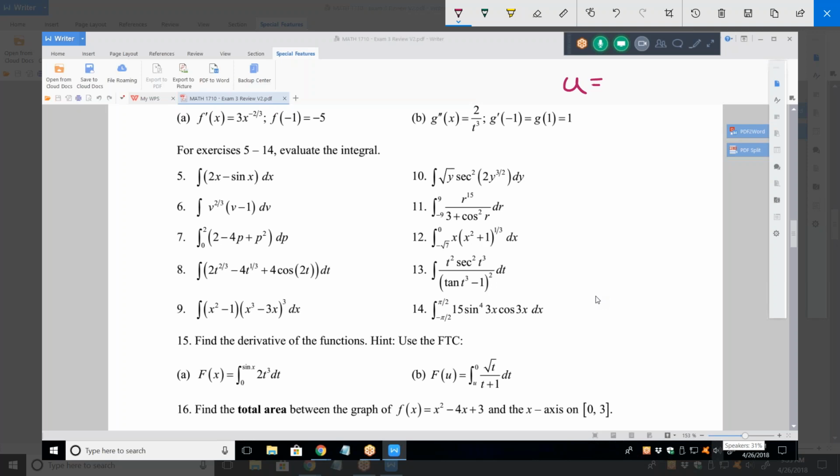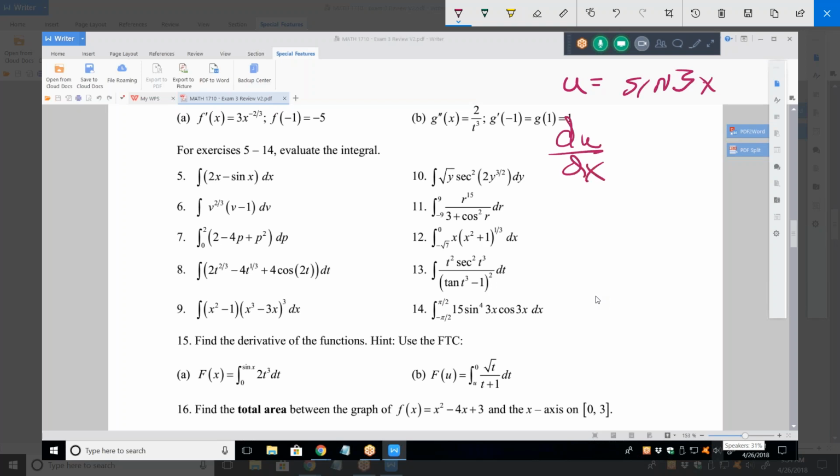So u would be 3x. No. Remember what u was when I had sine cubed of x. u was sine x. Okay, so it's sine 3x. That's what u is. Now, the next step is always what? The du/dx.